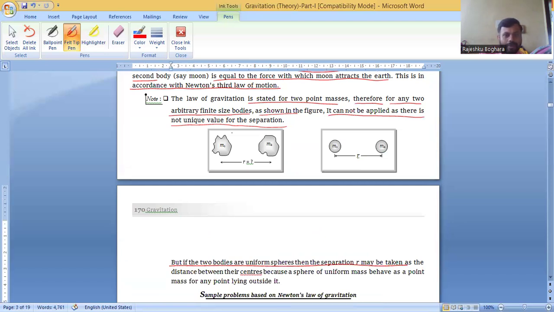For non-uniform bodies, we cannot fix what separation to take, but for spherical bodies, we take the separation between them as fixed. So here we write F equal to G m1 m2 upon r square, but here it is not right. We do not know what R to take, because we do not know where the center of mass is. If it is visible here, then we can take R.